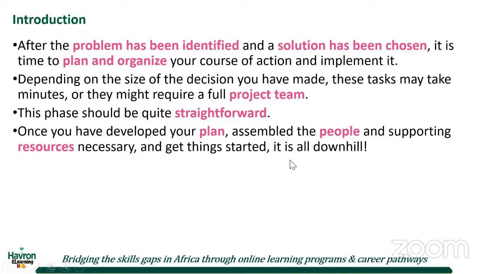After the problem has been identified and the solution chosen, it is time to plan and organize your course of action. Once you develop your plan, assemble the people and supports necessary and get the thing started.